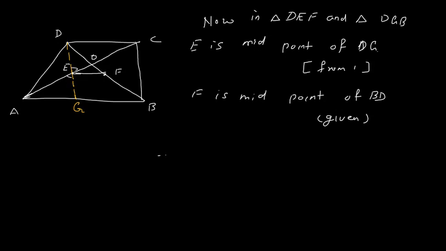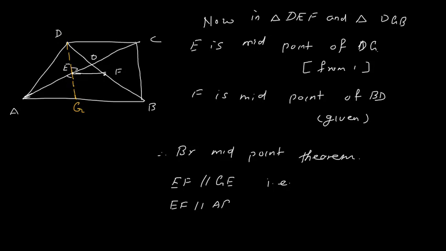Therefore, by the midpoint theorem, we have EF parallel to GB. That is, I will say that EF is parallel to AB.